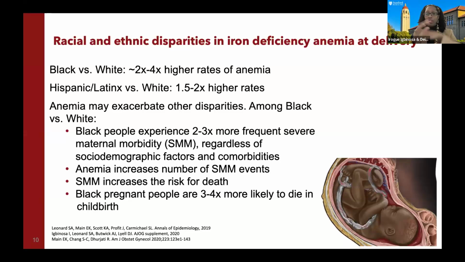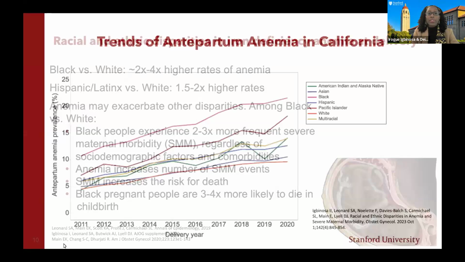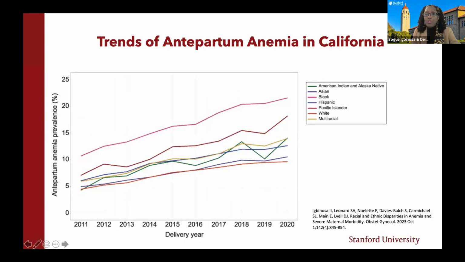And in terms of a larger picture of disparities, Black pregnant people often are 3 to 4 times more likely to die in childbirth for very complex reasons, a lot of them linking to social and structural issues in our country.